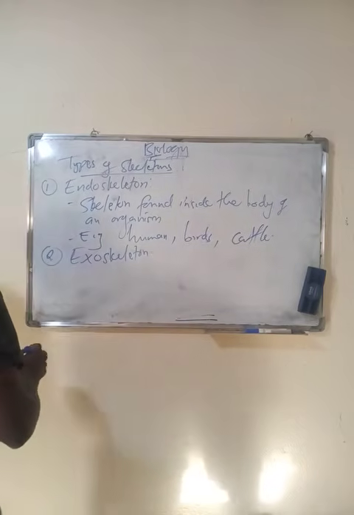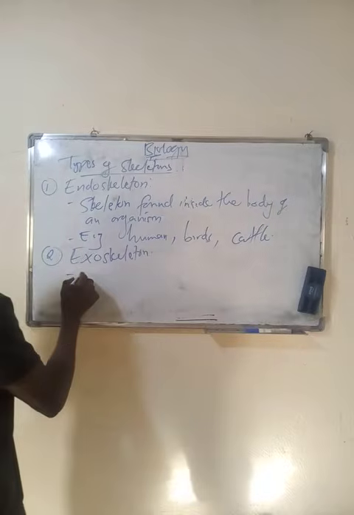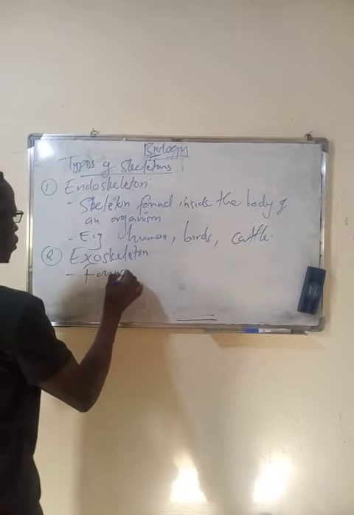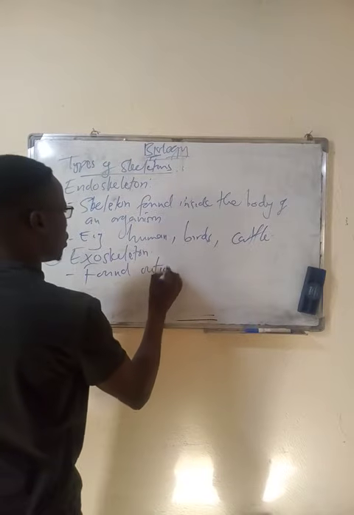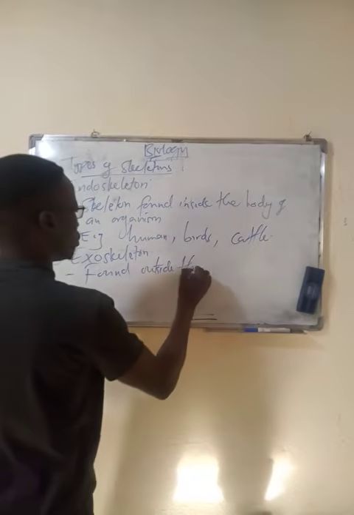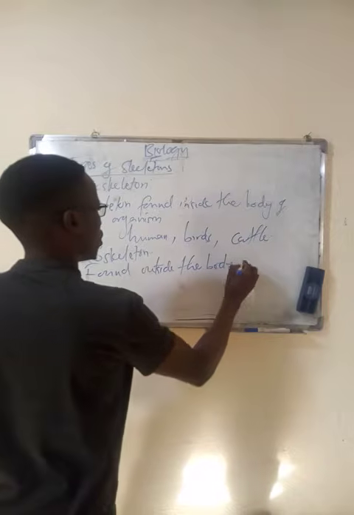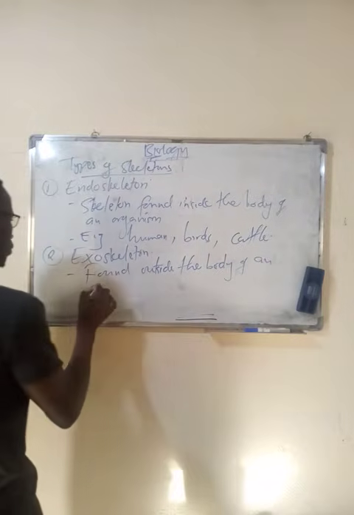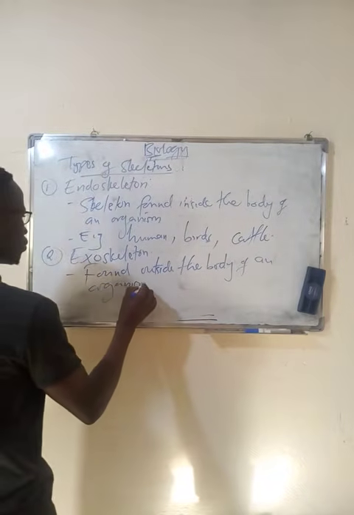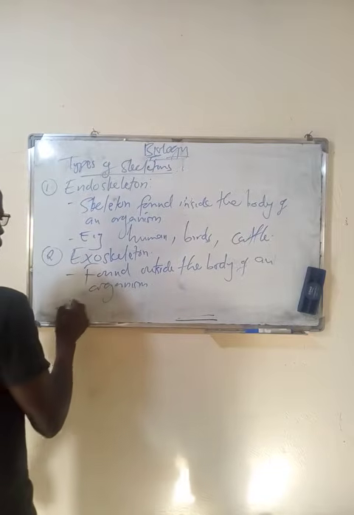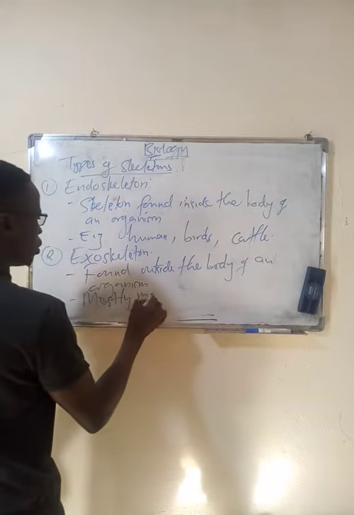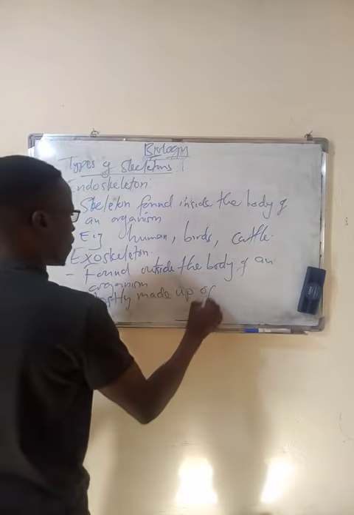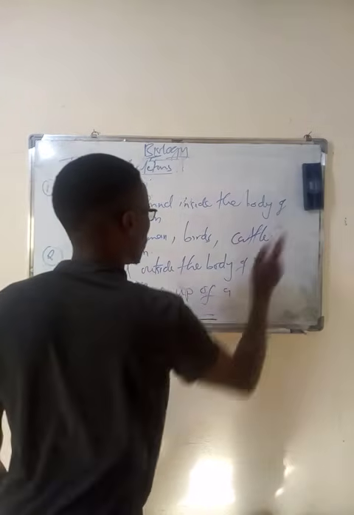The exoskeleton is found outside the body of an organism. Now, this one is mostly made up of a polysaccharide.